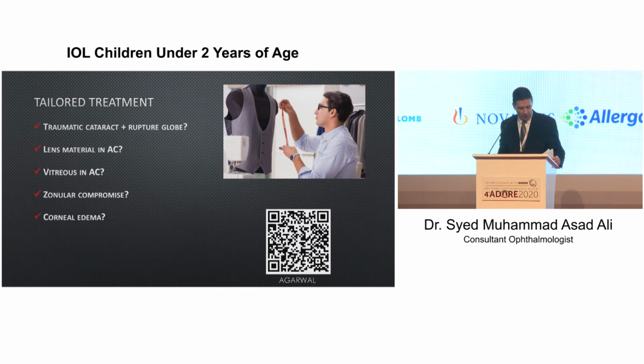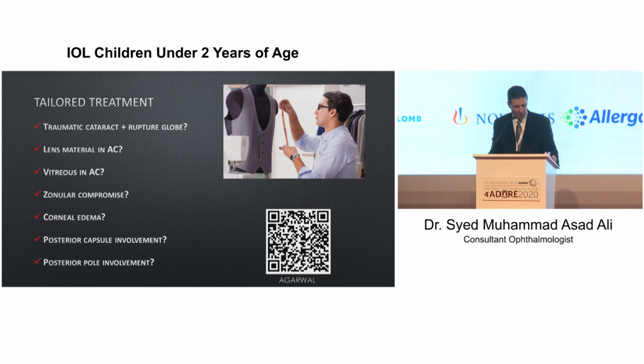These questions should be answered to get the proper decision. And regarding the decision, there is a high association of ruptured globe and traumatic cataract occurring at the same time. The decision to solve both at the same time should be tailored.